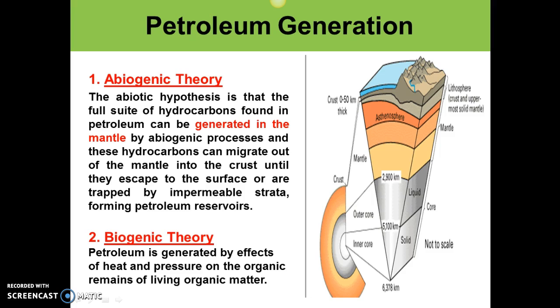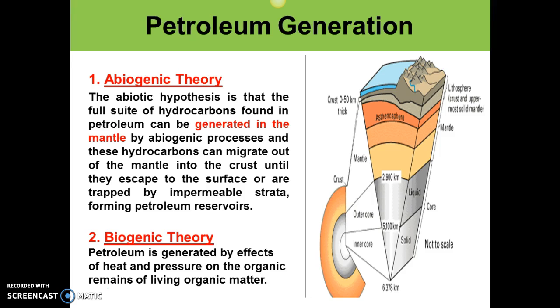The first theory is the abiogenic theory, in which the hydrocarbons found in petroleum can be generated in the mantle by abiogenic processes and then migrate out of the mantle into the crust until they escape to the surface or are trapped by impermeable strata, forming a petroleum reservoir. Then we have the second theory, which is the biogenic theory.